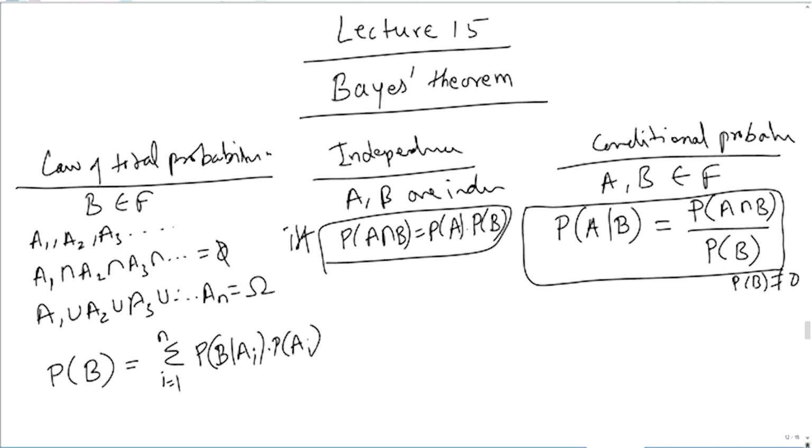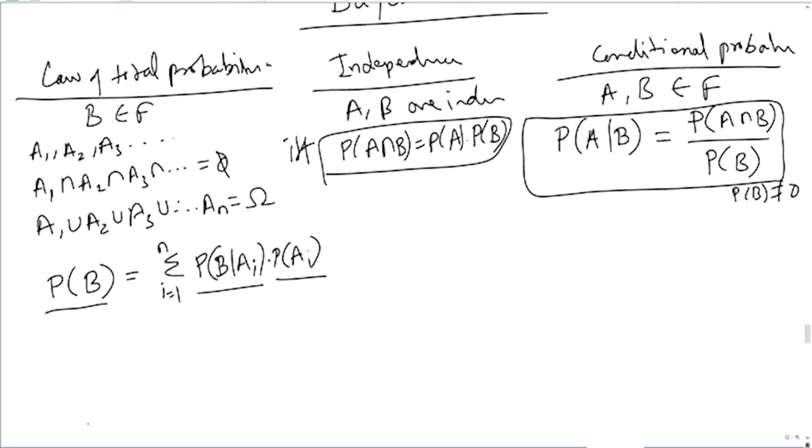Ai basically can be A1, A2, A3, A4, and so on. So if we do this summation across probability of B given Ai times probability of Ai, we will get the total probability of B. This is the law of total probability.